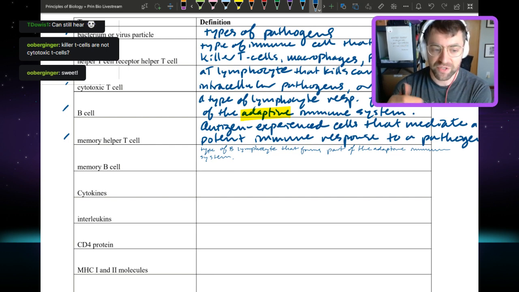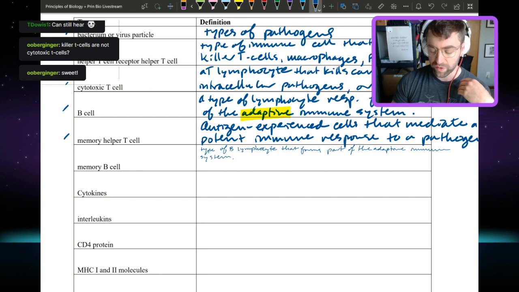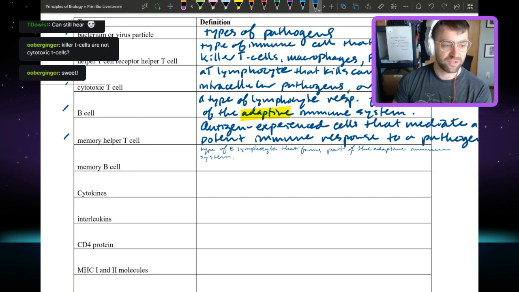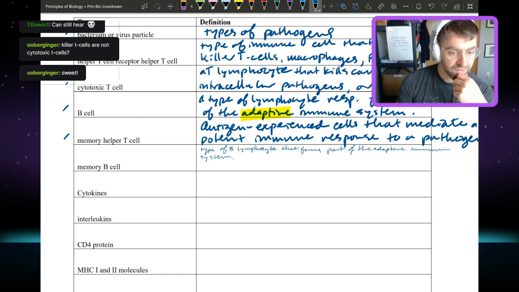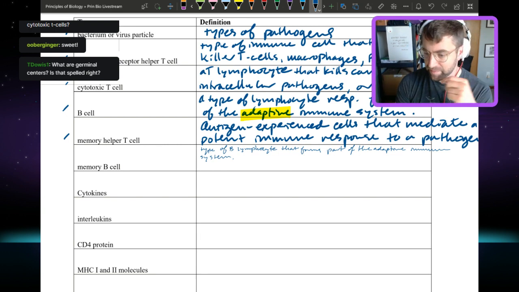Memory B cells circulate in the bloodstream in what's called a quiescent state, sometimes for decades. So these are the cells that hang around in your system long after the infection has passed, and will basically be activated if it recognizes the same pathogen again, to tee up that more targeted immune response. So for those vaccines that you get once when you're a baby, this is them.